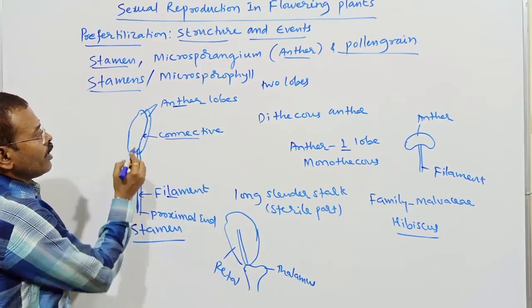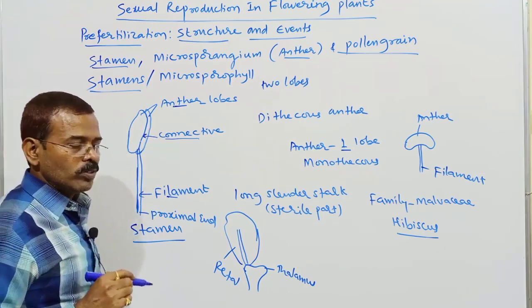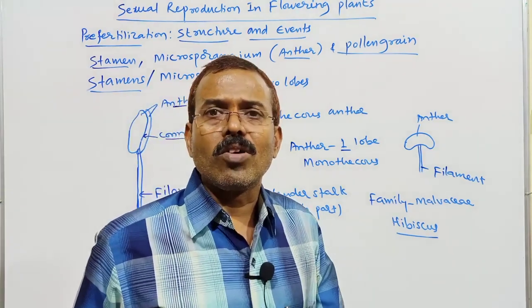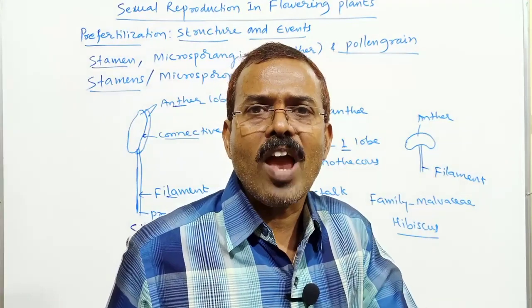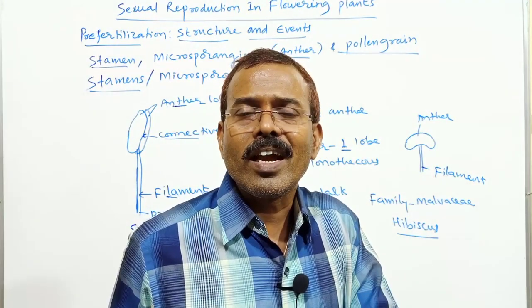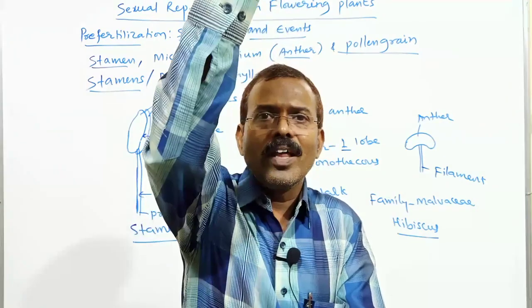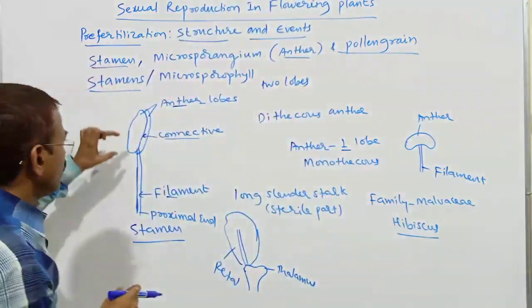Now, in each anther lobe, there will be the presence of microsporangia. Microsporangia are cylindrical structures which are present throughout the length of the anther.